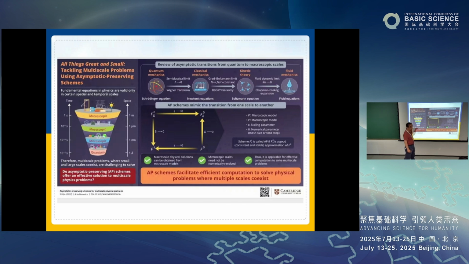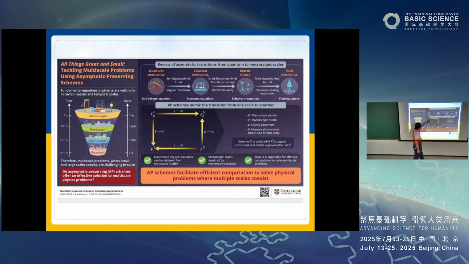And mathematically, you can derive the macroscopic equations from microscopic equations asymptotically. So here are three fundamental asymptotic limits. Quantum mechanics, for example, is described by the Schrödinger equation. If you take the so-called semiclassical limit by sending the Planck constant to zero, using the Wigner transform, you can derive Newtonian dynamics, classical mechanics.